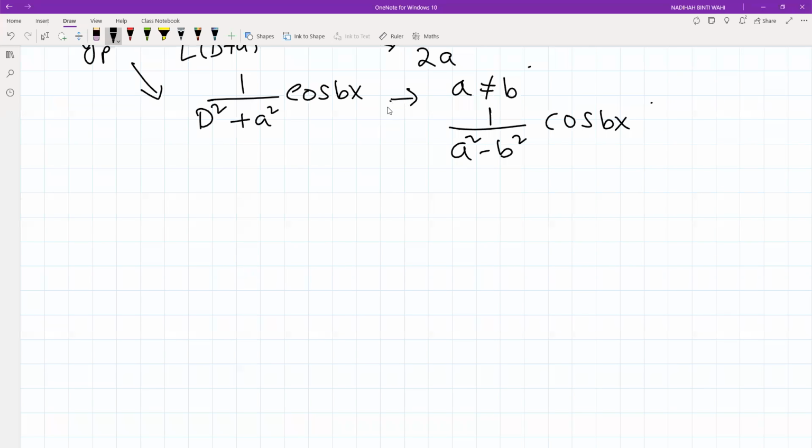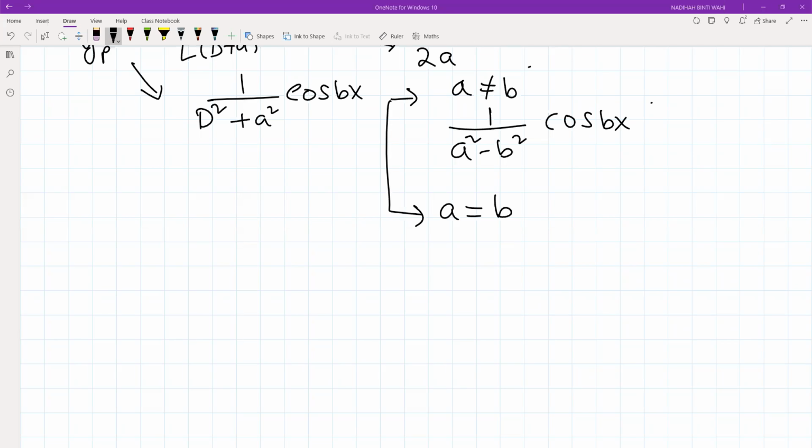Okay, what if A is equals to B? So guna teknik yang sama. Beza dia yang ni adalah positif and then it becomes sine.